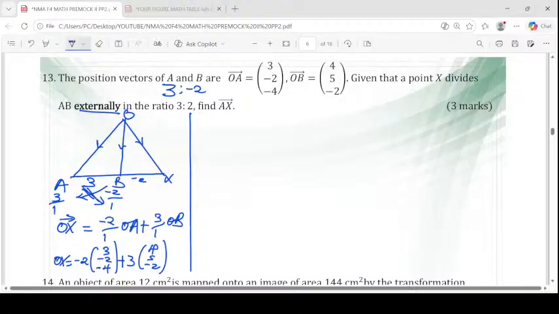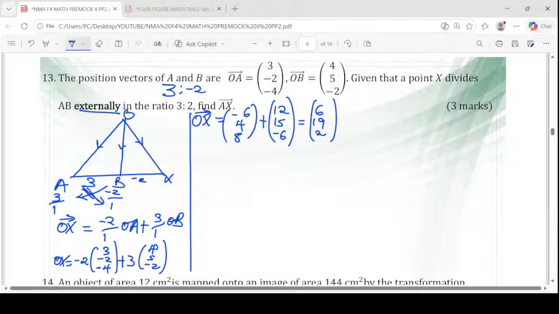Upon opening the brackets, OX will be given by negative 6, 4, and 8, plus 12, 15, and negative 6. When you sum, this gives you 6, 19, and 2.